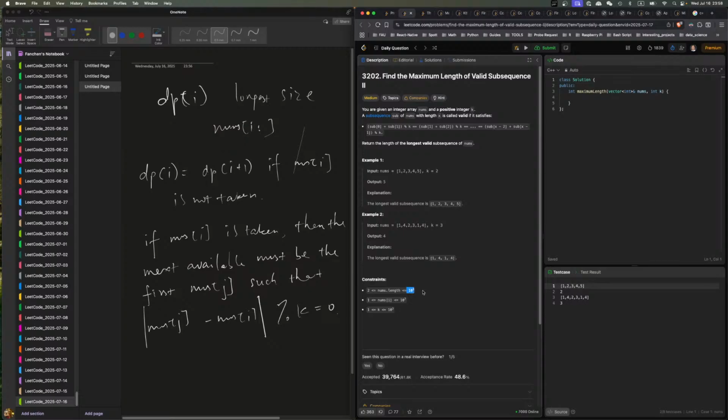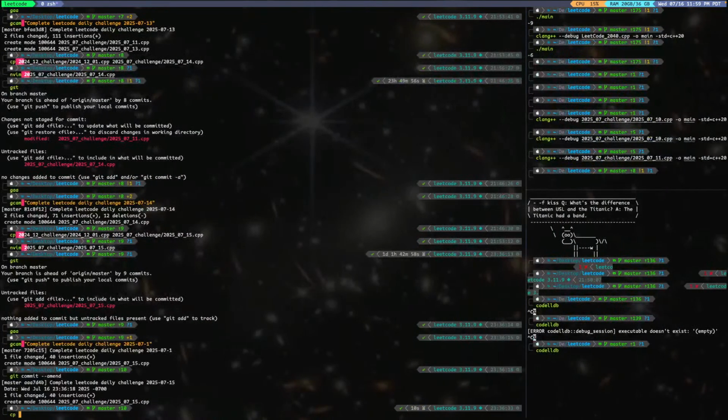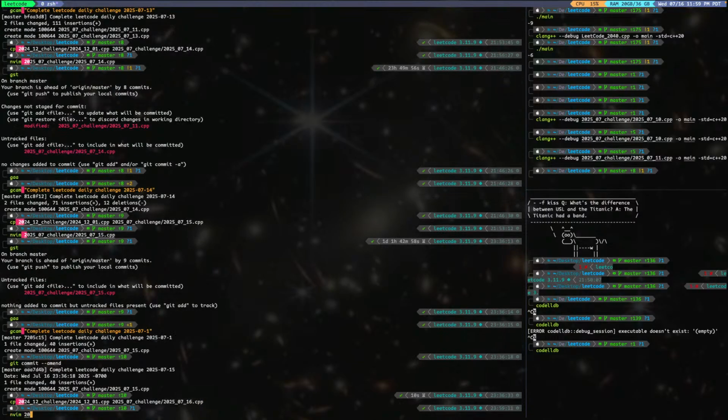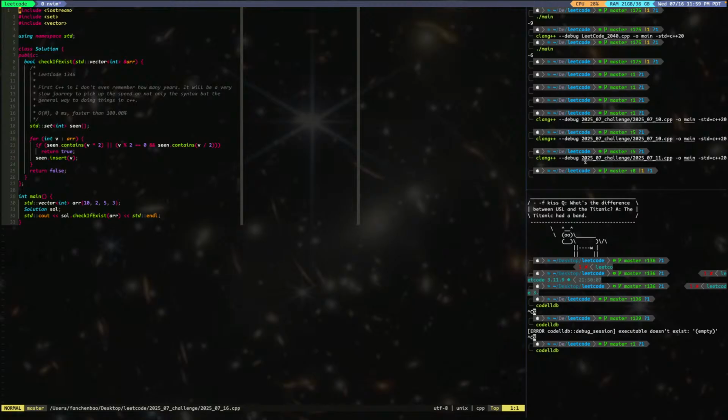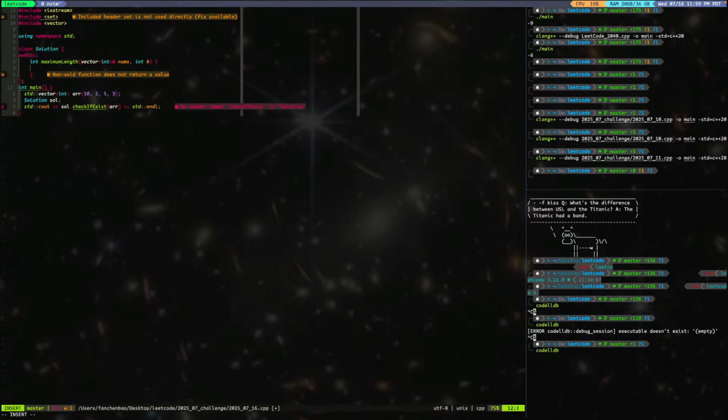Oh shoot! I thought it's 10 to the 5th. Okay. I misjudged the complexity of the problem. I thought it's 10 to the 6th, 10 to the 5th. I mean, this 3 looks awfully like a 5th. But in this case, 10 to the 3rd, and k is 10 to the 3rd, then it's very obvious what the solution should be.